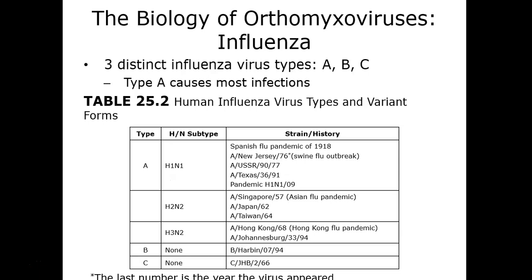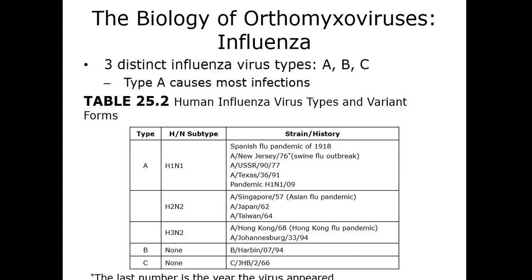This H and this N describe two of the proteins that are prevalent on the surface of the influenza virus: hemagglutinin and neuraminidase, both of which we'll talk about in a little bit, and both of which have key functions in allowing the virus to infect a host.